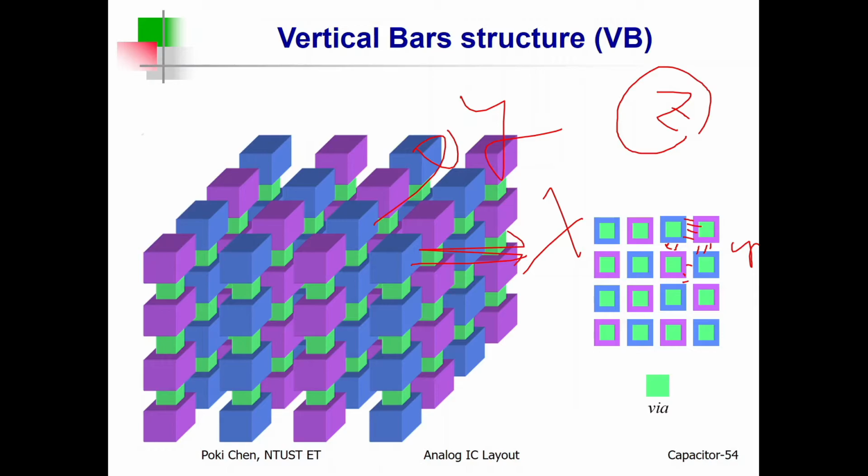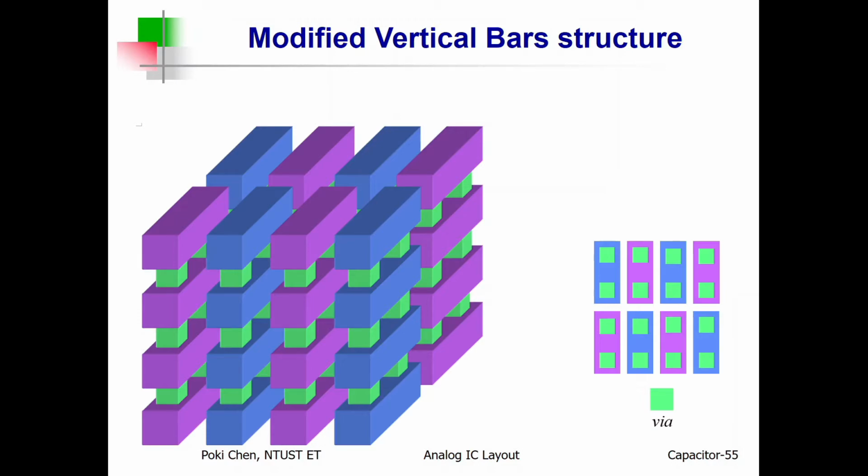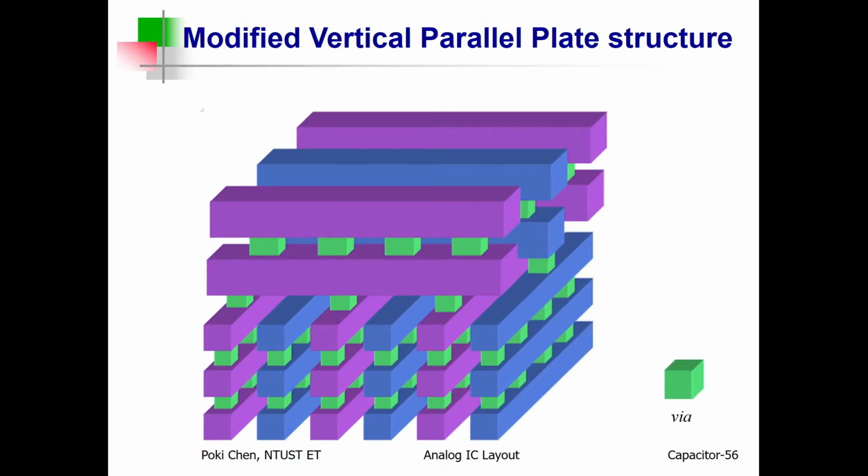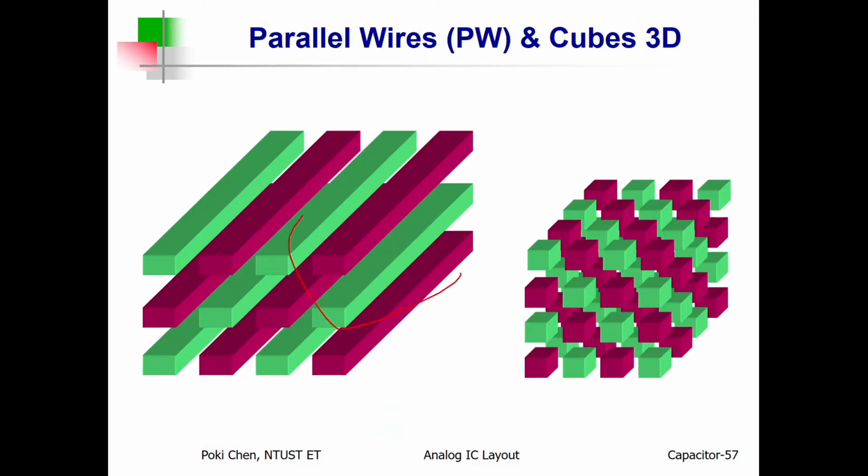So if you would like to compete with the authors, you can have any other kind of new structure just like this. It is called modified vertical bar structure, or even some along this direction, the others along the other direction, or parallel lines. In theory, the best is 3D cubes. But what is the problem?